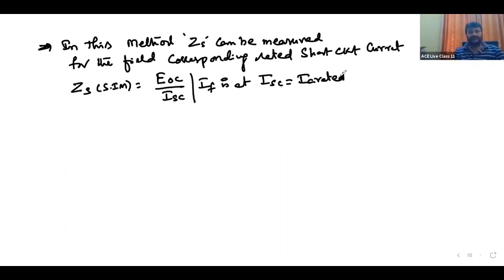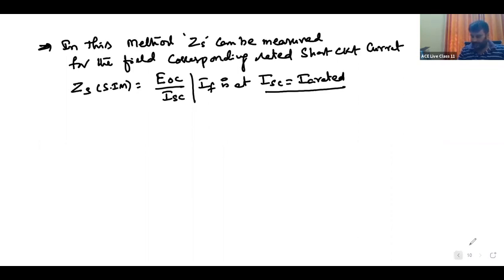Field current IF, for which ISC is equal to IA rated. This is the rated field current, the field current corresponding to rated short circuit current.